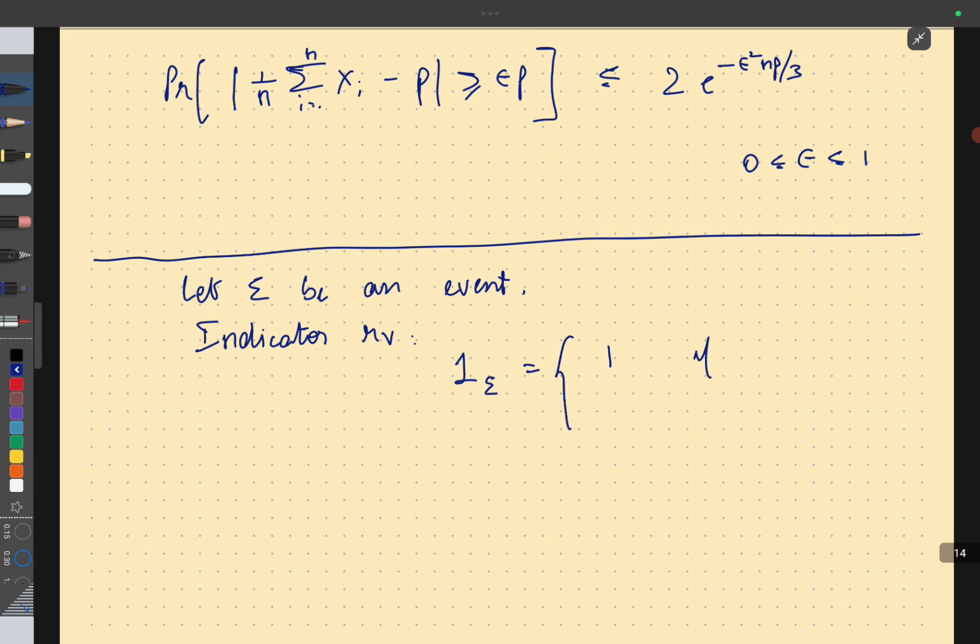It takes the value 1 if E occurs and 0 otherwise. Okay, it's something very simple, nothing fancy.